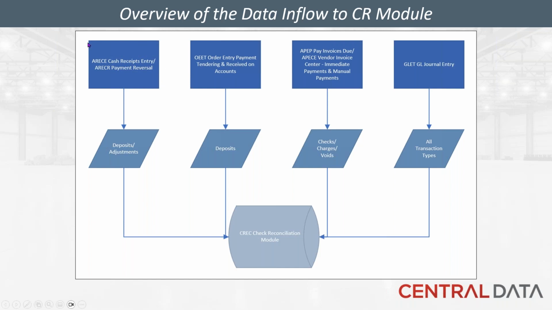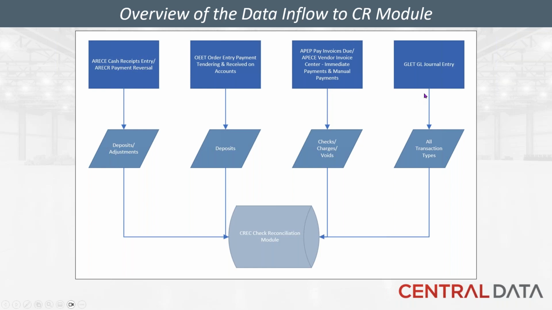So you can see how AR creates deposits and adjustments. That makes sense, right? We're posting customer payments. If we do a reversal, it actually posts as an adjustment, not a negative deposit. So we do have to go looking for those a little bit differently. Order entry, if I'm posting payments, again, they're deposits. From AP, and with a little asterisk here from CR, when we void checks, we can create checks, we can create charges, and we can create voids.